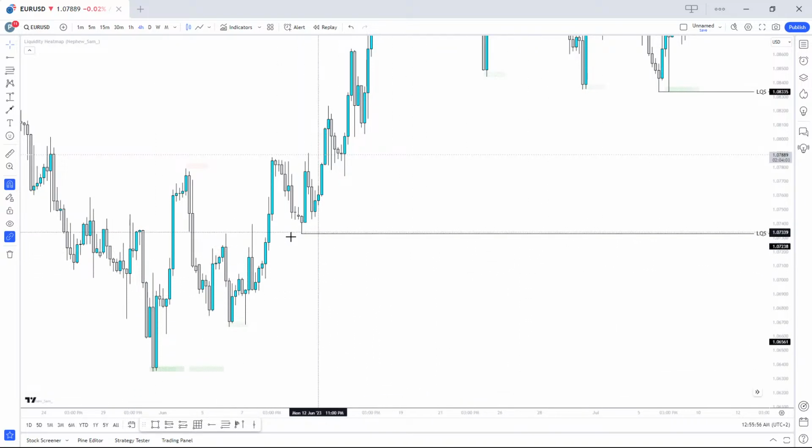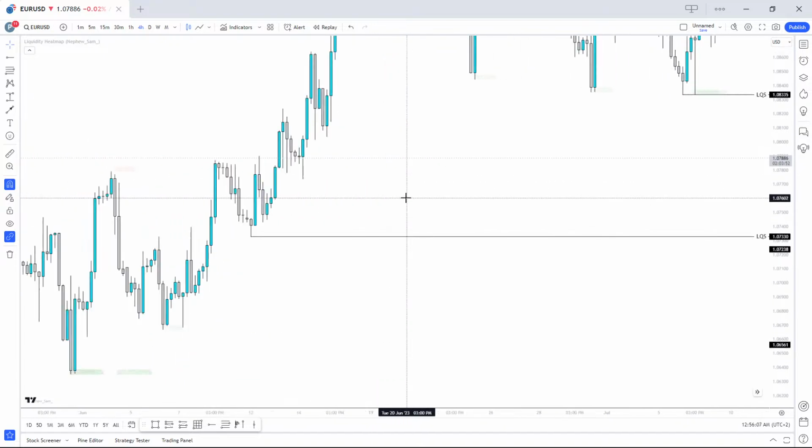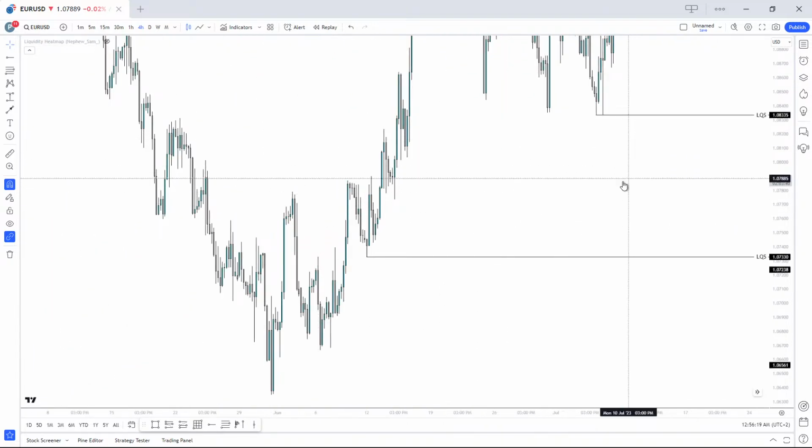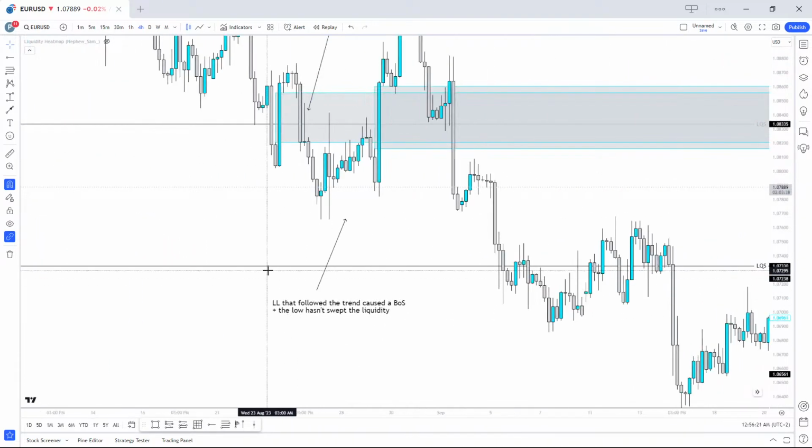I mean, this one didn't either, but this one is definitely not a good liquidity spot, I would say. Liquidity waiting to be taken, because I don't even know why there would be stop losses and stuff like this. Yeah, it's a retracement, but it's a minor one, and I wouldn't consider taking a trade off of it, but you get the point. So the lower low that followed the trend caused a break of structure, plus the low hasn't swept the liquidity.